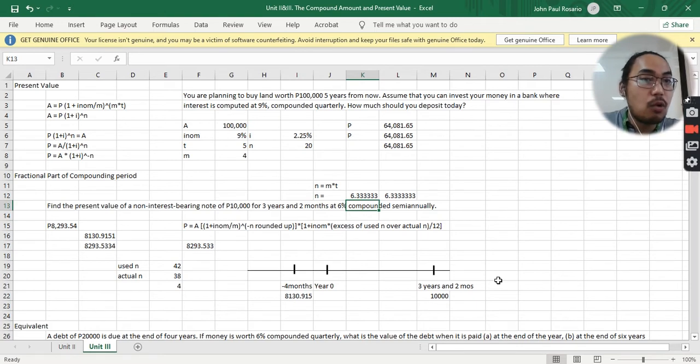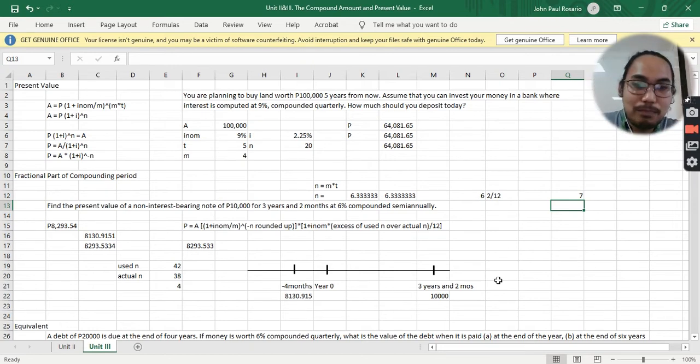If we were solving for the future value, we would round this down, get 6, and then just compute for the remaining 2 months, 2 over 12. However, if we will be computing for the present value, what we should do is round it up. So we will be considering 7, and then we should add to our resulting value the interest for the excess months, as we turn back in a way.